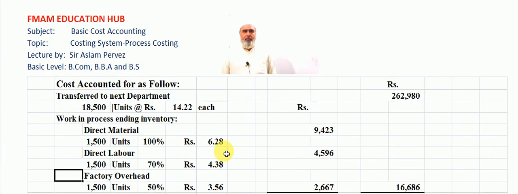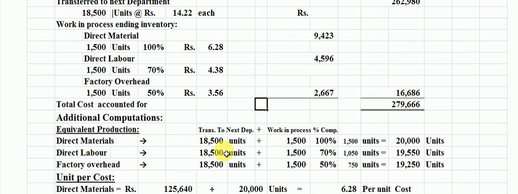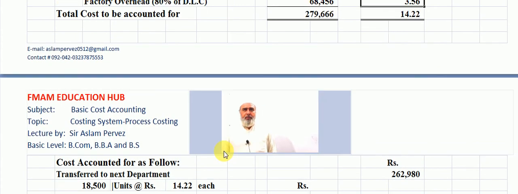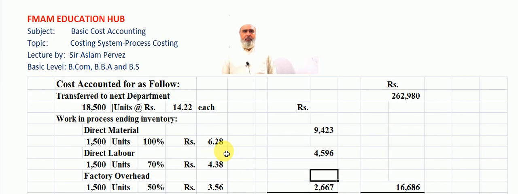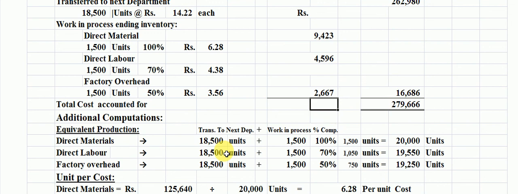Now the value is accurate here: 279,666 and also 279,666. This is the reconciliation between the two values. Students, this is our problem which we have found out in a simple manner.